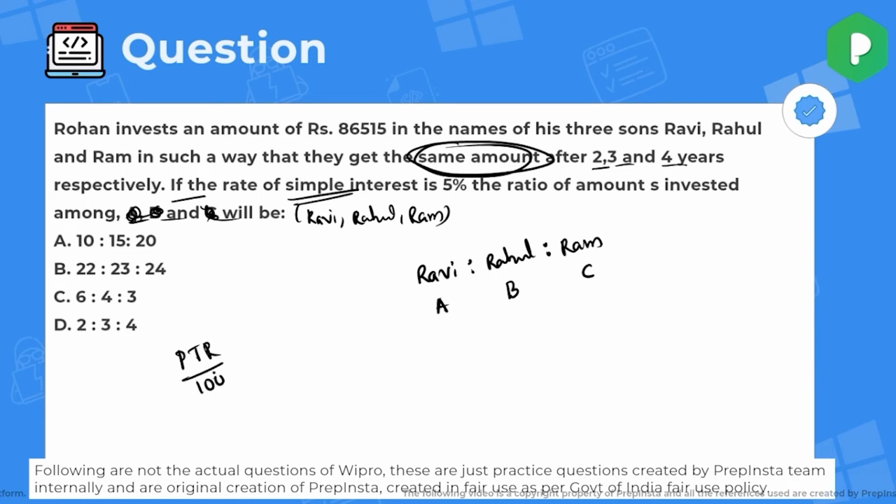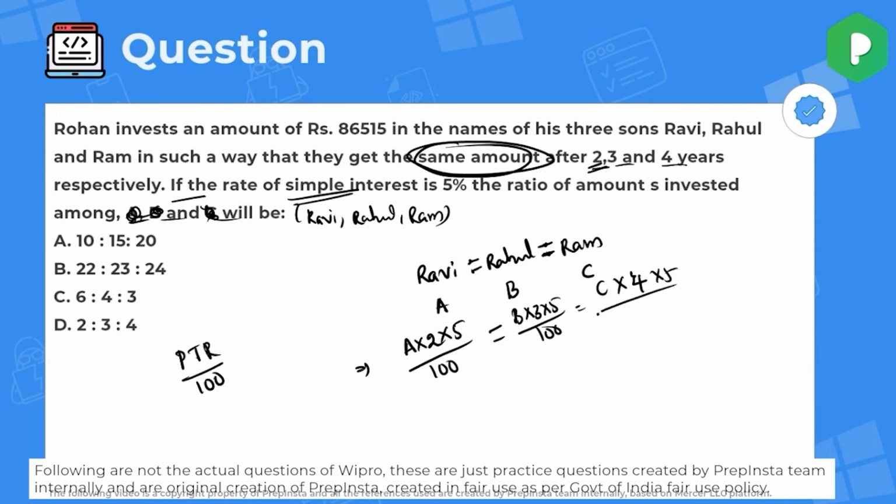So what is the amount obtained by Ravi? Ravi is investing capital A, time period is 2 years, into 5%, which is 5 by 100, PTR by 100, is equal to, all the amounts are equal, right? Next B into 3 into 5 by 100, I am just substituting the values, and C into 4 into 5 by 100.